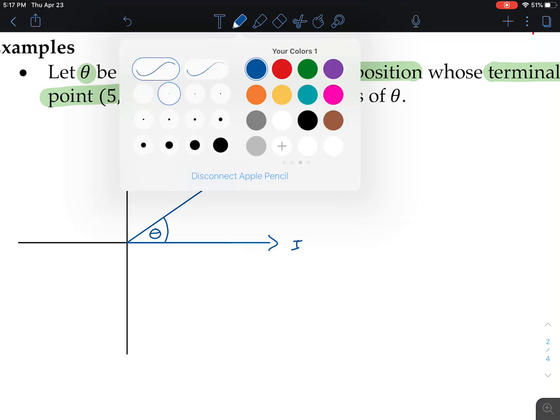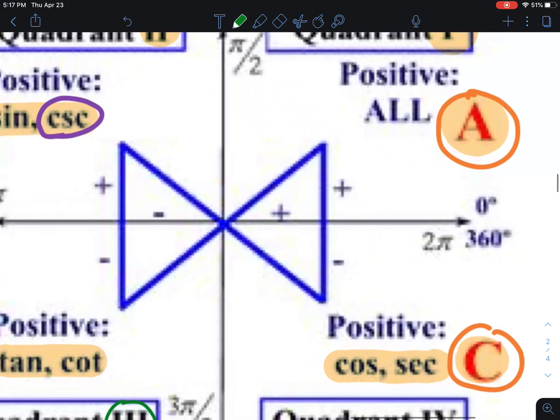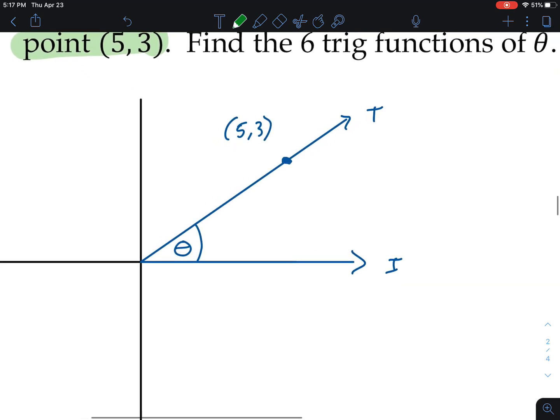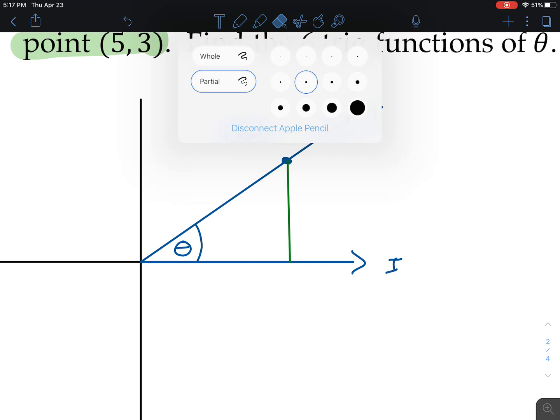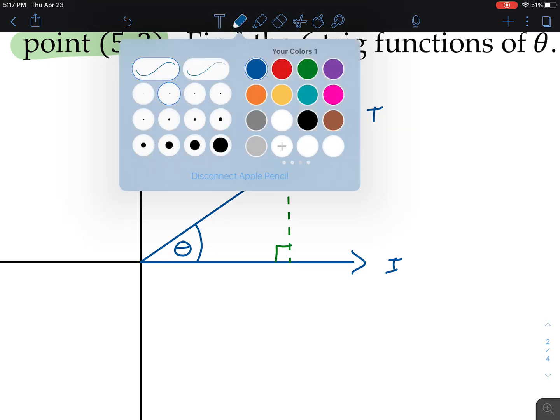The first thing I do is, I can't do sine, cosine, tangent, SOHCAHTOA without having a right triangle. So I can't do anything, but if I drop this perpendicular line, now I can. Now I've created a right triangle for me to be able to find all my trig functions. There's my little right angle. What do I know here?